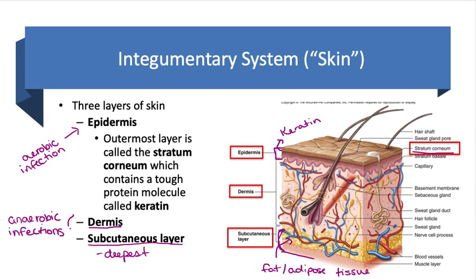These will occur more in the dermis or the subcutaneous layer, so they're not exposed to the air, and if an infection pierces this, the oxygen in the bloodstream will quickly get used up by aerobes or facultative anaerobes, leaving anaerobic conditions for those anaerobic bacteria to thrive and cause an infection. So anaerobic infections will be most likely to occur in the subcutaneous layer.